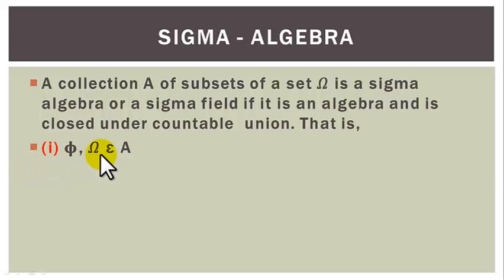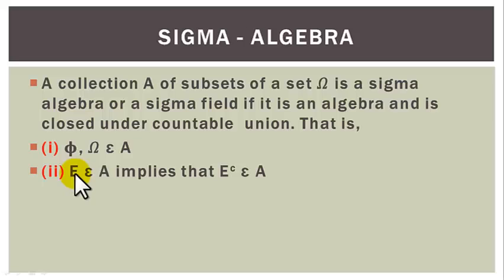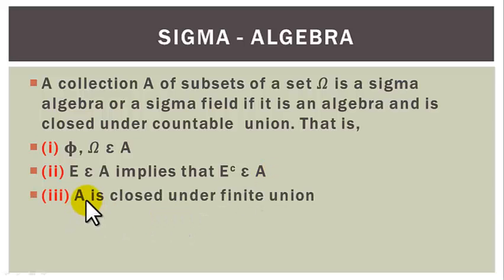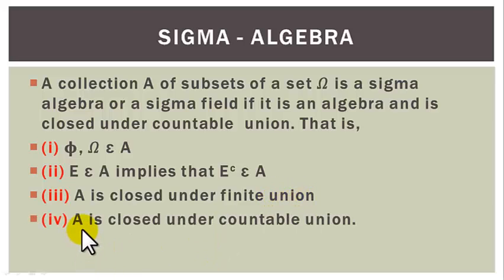Empty set and omega are elements of A. 2. E an element of A implies that E complement is also an element of A. 3. A is closed under finite union. And then 4. A is closed under countable union.